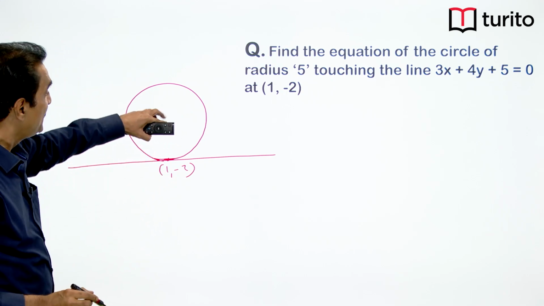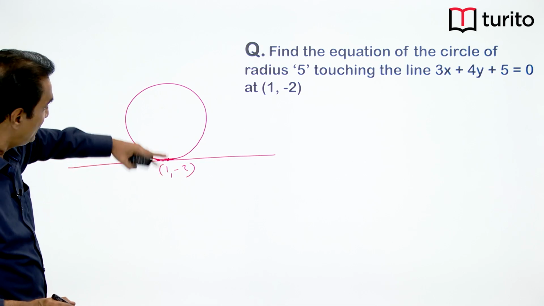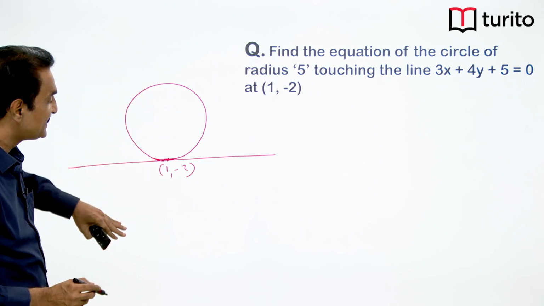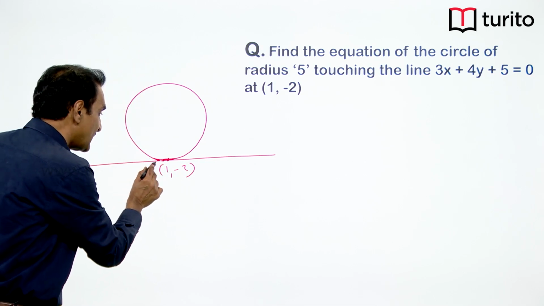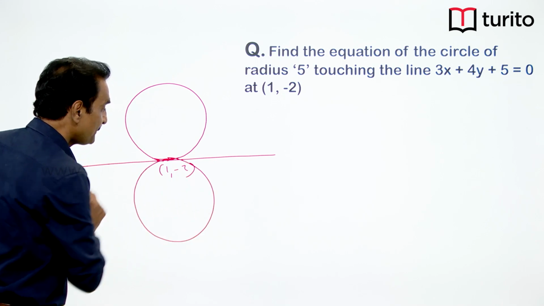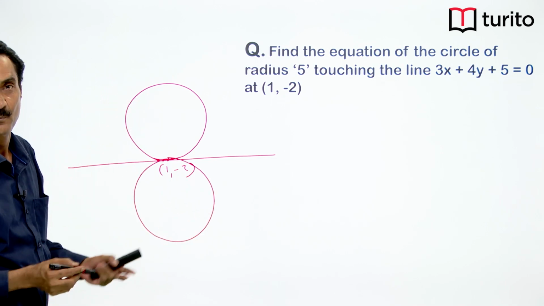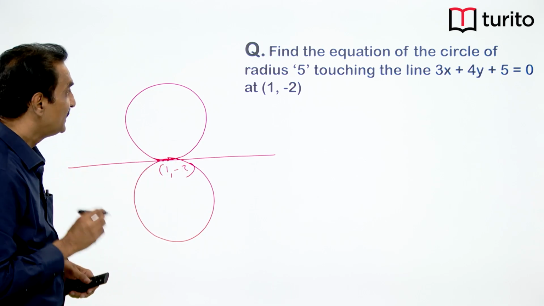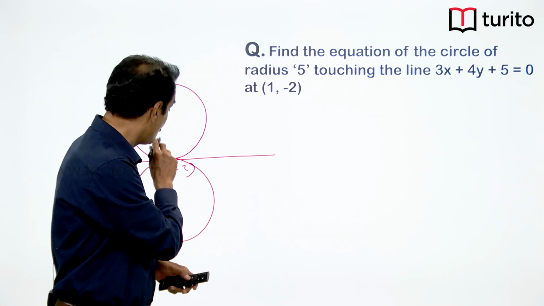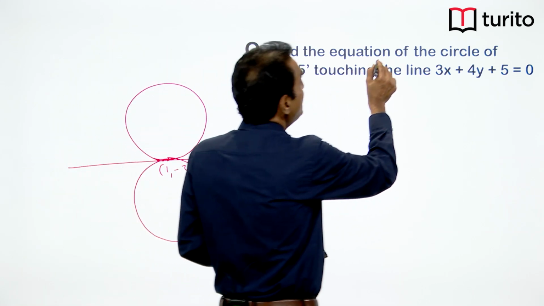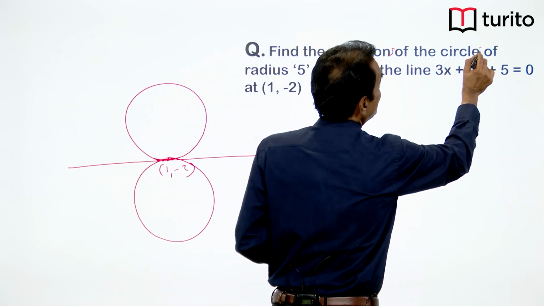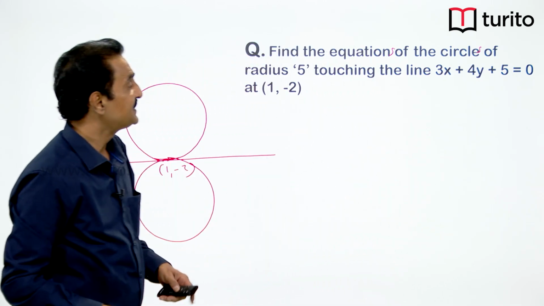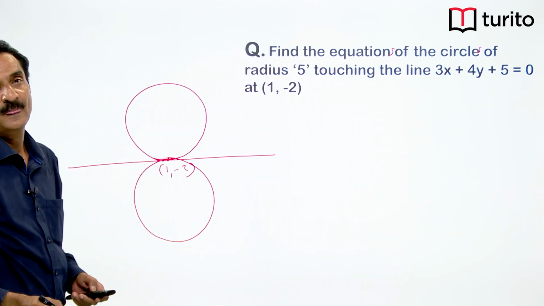With radius 5, if you can draw one circle above the line, then obviously we can draw one more circle below the line, equal size. They are mirror images about this line. Now I want the equations of two circles. Find the equations of the circles of radius 5 touching the line at (1, minus 2).